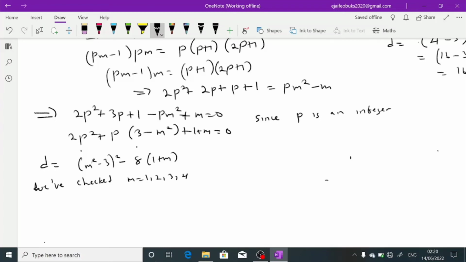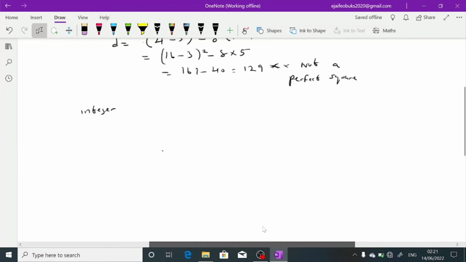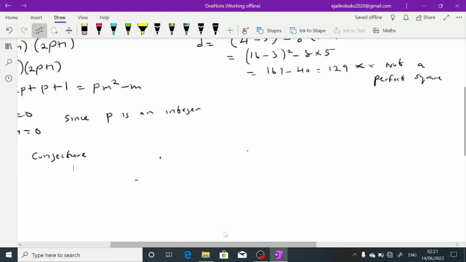So let's try doing what we did again. Let's make a conjecture. For 4, okay, we could still do for 5. Let's check for 5, so we just hit a snag and concluded.